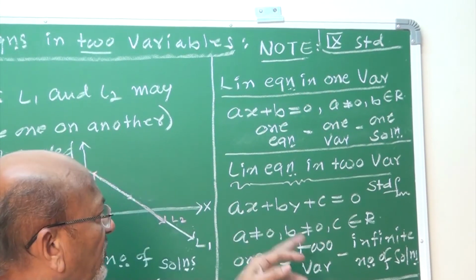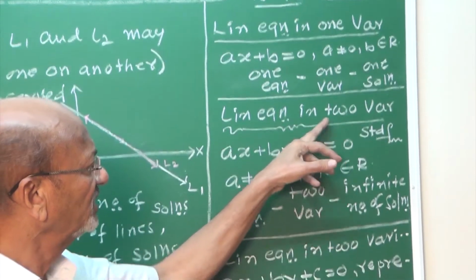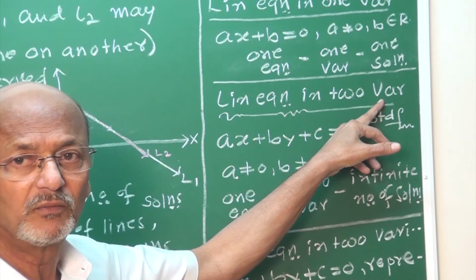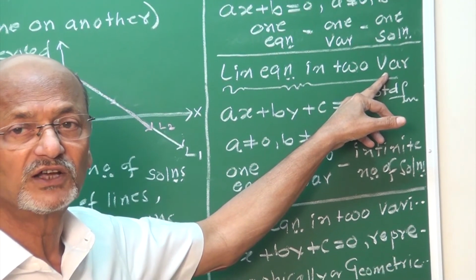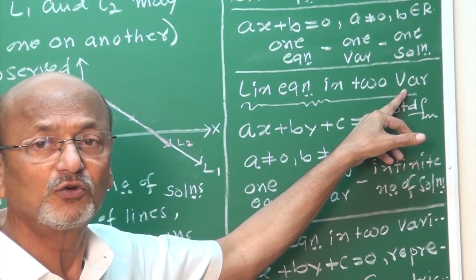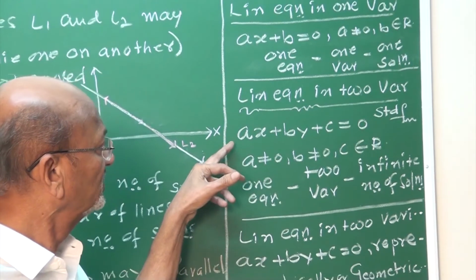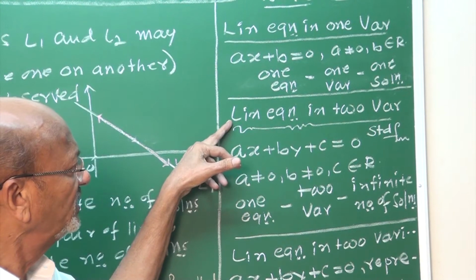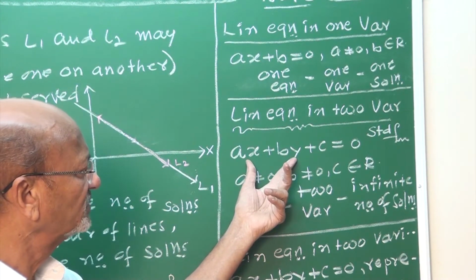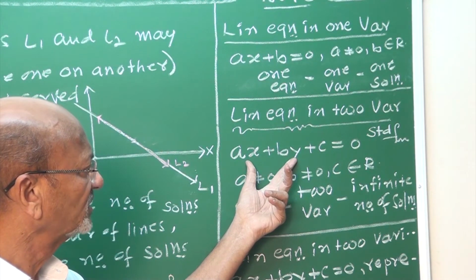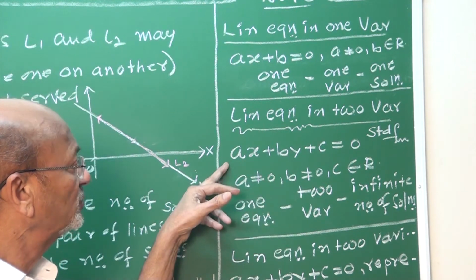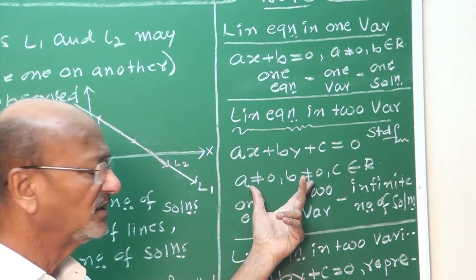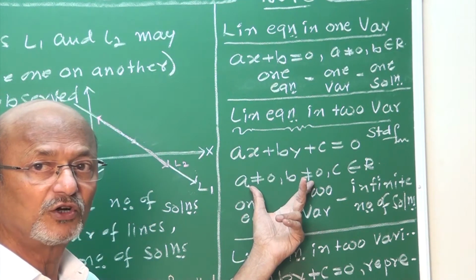Now, what is next, my friends? Linear equation in two variables. X is one variable. We have to take another variable as what? Y. If x and y are two variables, then this is the standard form of a linear equation in two variables x and y, where a should not be 0, b should not be 0, with the condition a square plus b square not equal to 0.